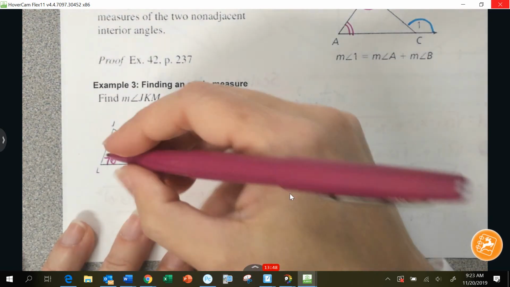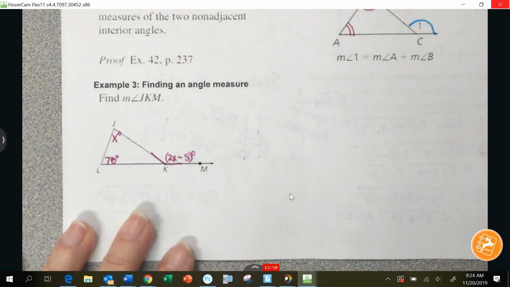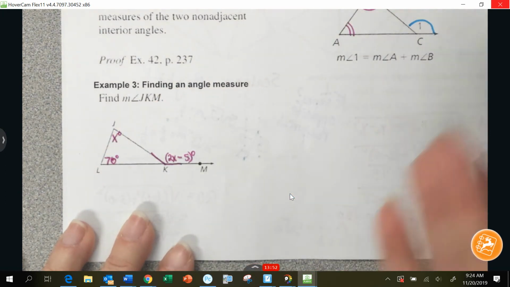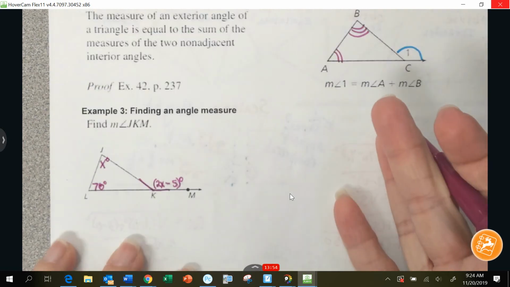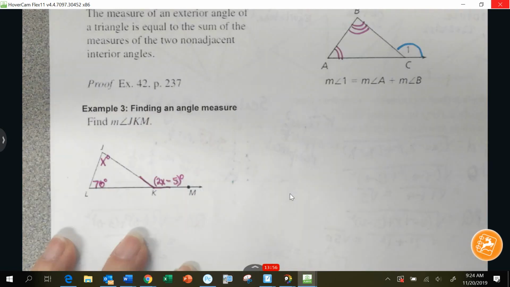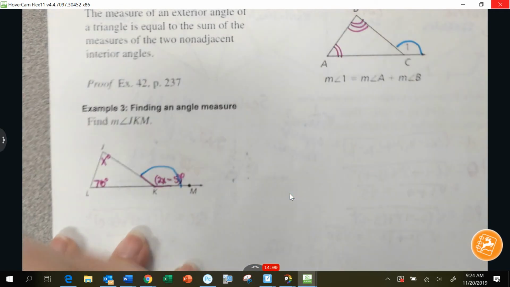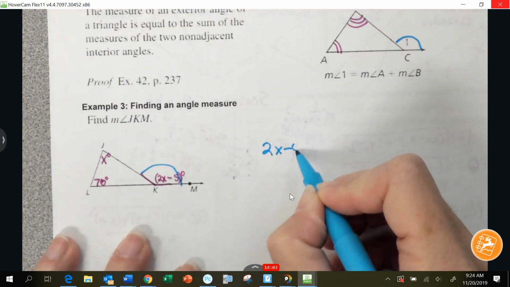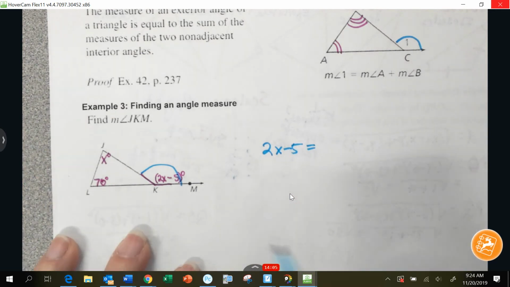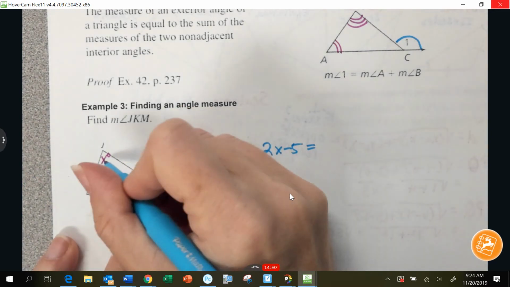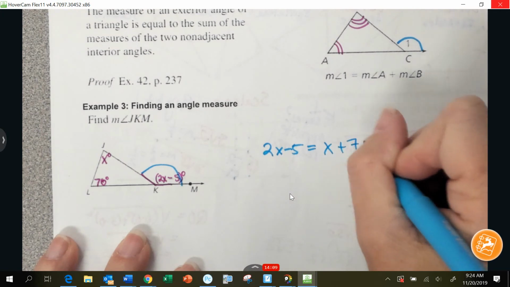So we're going to have to set up an equation. According to our exterior angle theorem, the exterior angle, this one here, is equal to the sum of the other non-adjacent interior angles, x plus 70.